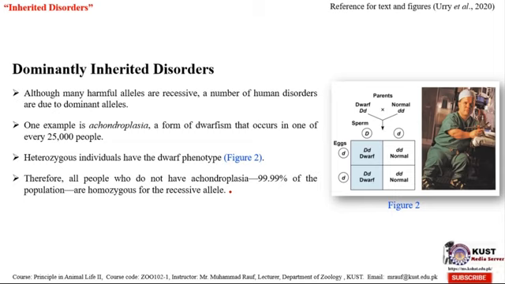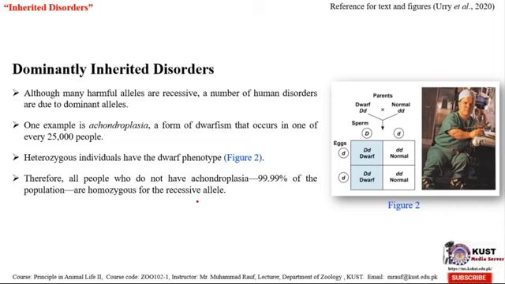Now, let me introduce one other concept. I have already talked about it in the previous lectures, that dominant is not always good and recessive is not always bad. Remember that. Why? Because you can see here achondroplasia is because of a dominant gene, and the individuals who have recessive alleles are normal.